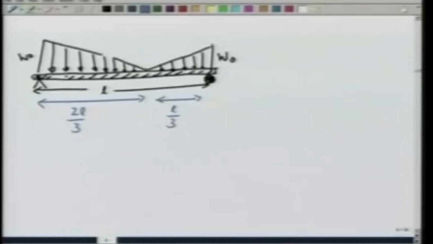And I wish to calculate the reactions at the pin joint and at the roller.